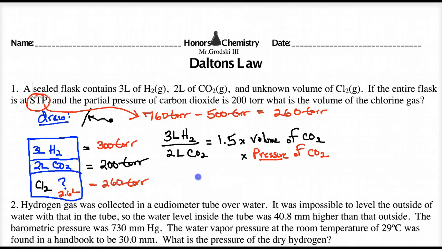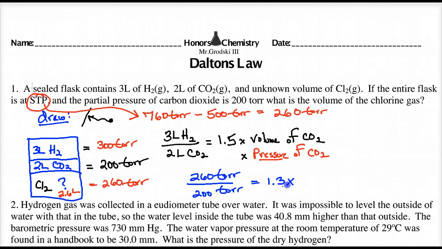So I take my 260 torr of Cl2, and I divide it by the 200 torr, and what you're going to get is 1.3. It differs by 1.3.